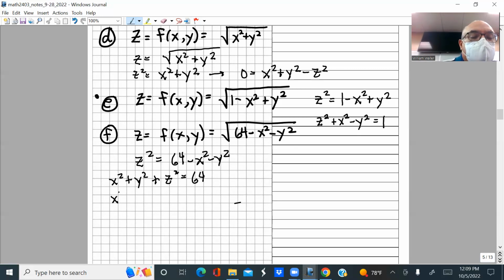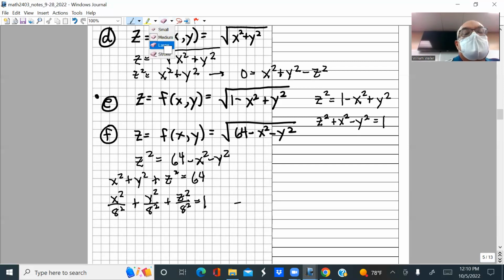So you get x squared over 64, which is better known as 8 squared, plus y squared over 8 squared plus z squared over 8 squared is equal to 1. And then you can see, oh yeah, that definitely is an ellipsoid. And I believe since all these denominators are the same, it's actually a sphere. Not just a general ellipsoid, but actually a sphere. Okay.